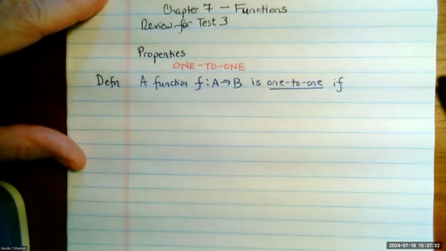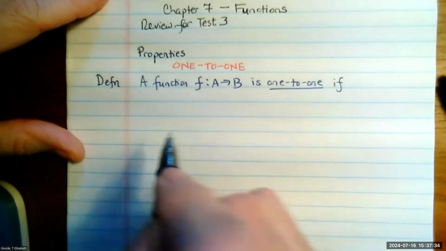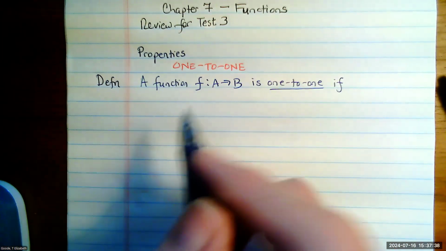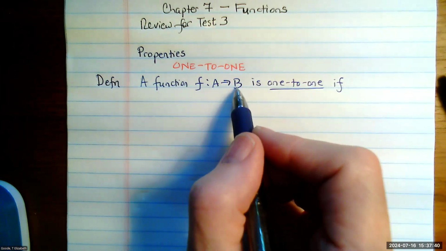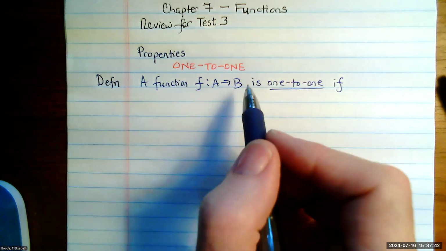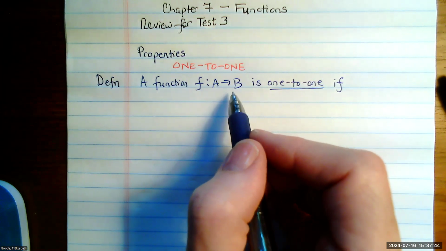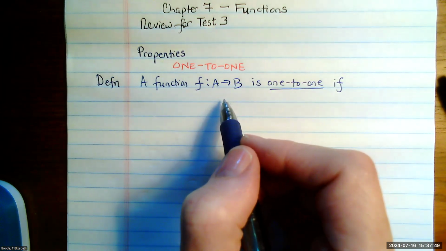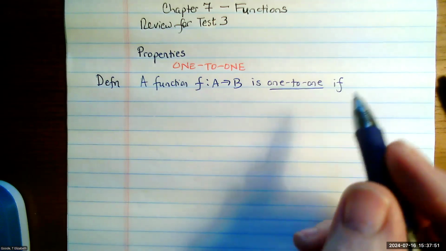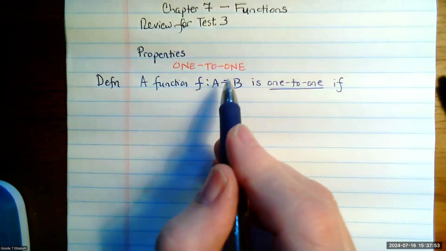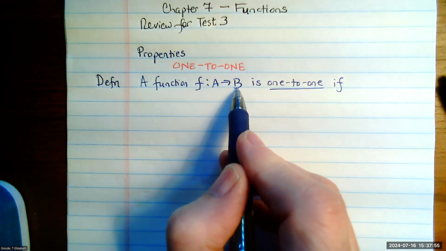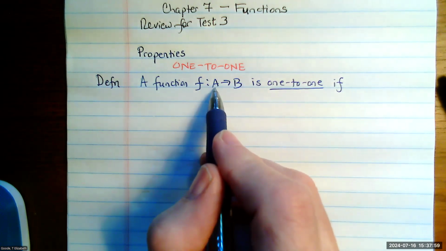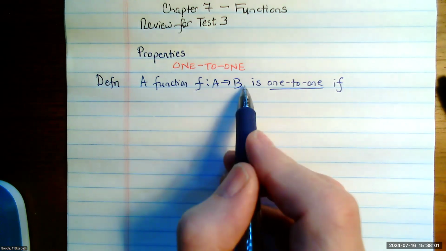If every element in A matches B. That's the definition of a function, that every element in A maps to one element in B. And it is really easy to get the definition of function confused with the definition of 1-to-1. Let me help you out. It's if every element of B has at most one pre-image element back in A that pairs with it.